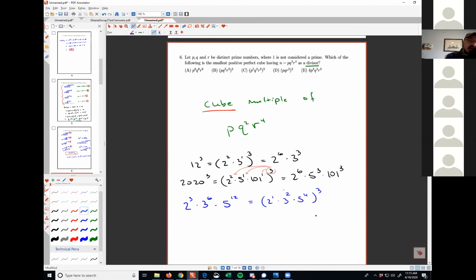And this is because we could divide 3 out of each of those exponents. We're just going in reverse.